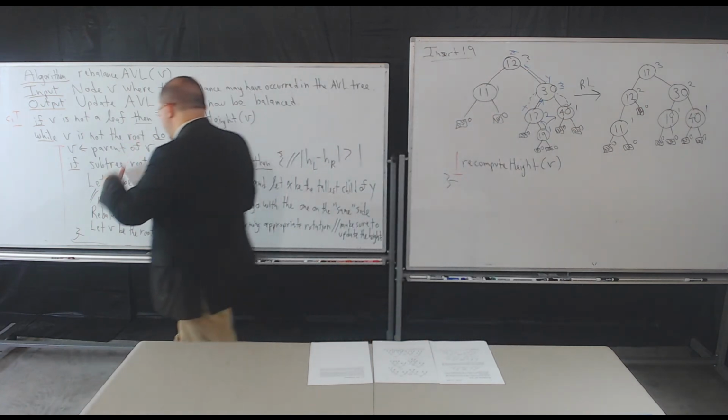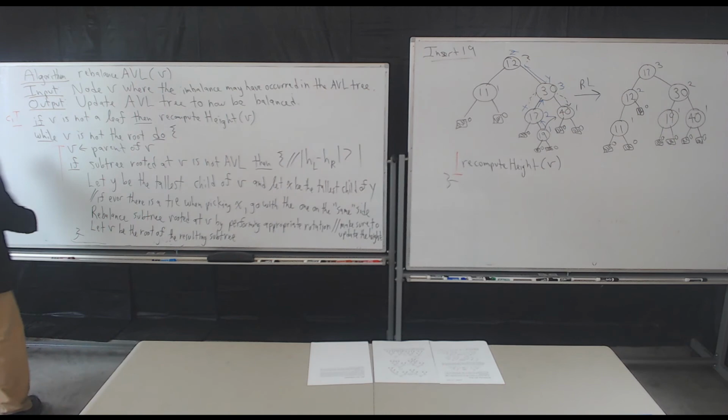How long does all of this take? Well, that takes constant time. Checking this condition takes constant time. Determining that takes constant time. Rebalancing a subtree rooted with the rotation. Remember, we established the rotation takes constant time. This whole thing just takes constant time.